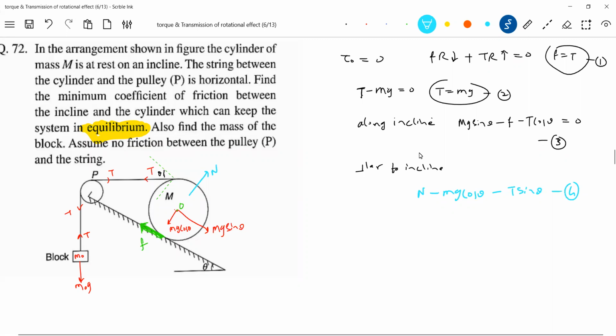So what do we have to do here? You have to solve equations 1, 2, 3 and get an expression for small f. And then in equation 4, solve for N. Then for equilibrium, what should f be? Should the friction be greater than mu N or less than mu N?